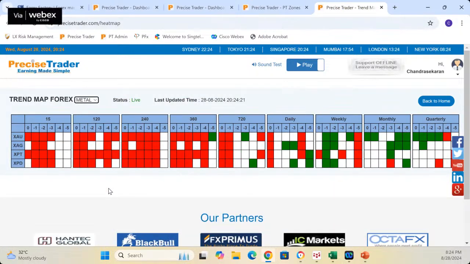See, gold also is having a very good move. Today's daily is down. Your 720 is down, your 360 is down, 240 is down, 120 is down, and this is down across the board. So we should take note that this market is down today.